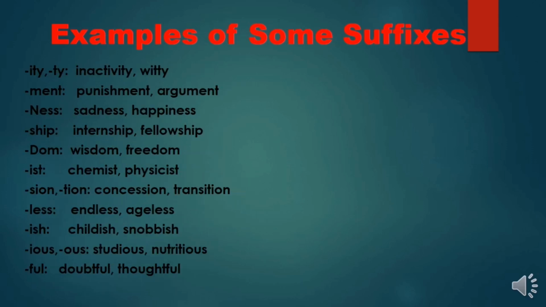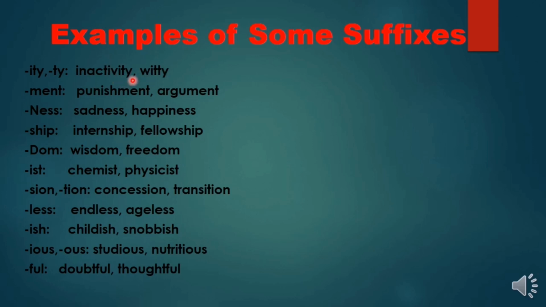The examples of some suffixes. Students, you can see ity and ty. These are the first example. By adding ity or ty, the examples will be like this: inactivity, witty.